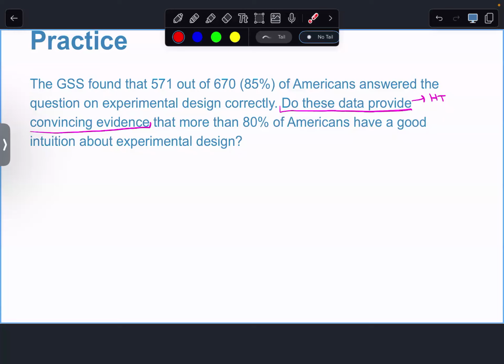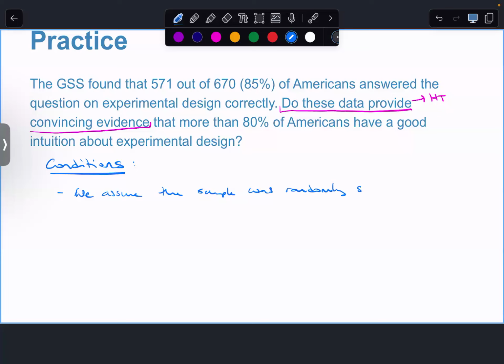Now, if we have to do a hypothesis test, first let's check the conditions. Well, again, the first two we can copy from before because it's the same blurb, right? We assume the sample was randomly selected. Again, it doesn't say that it was, but we assume that it was.